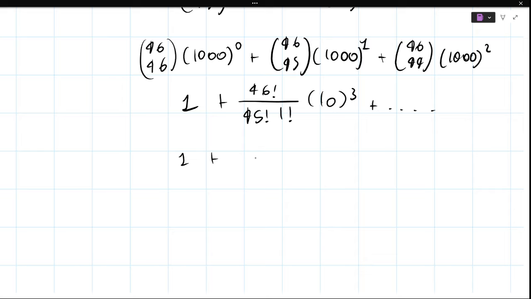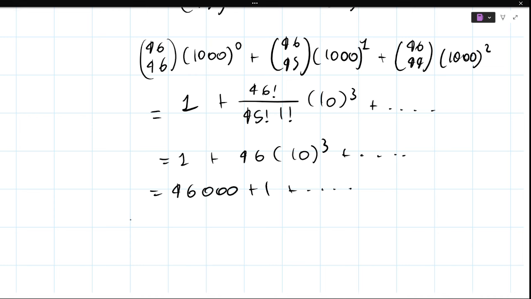So we have 1 plus 46 times 10 to the 3, plus all the rubbish that comes after. So we have 4, 6, plus 3 zeros, plus 1.